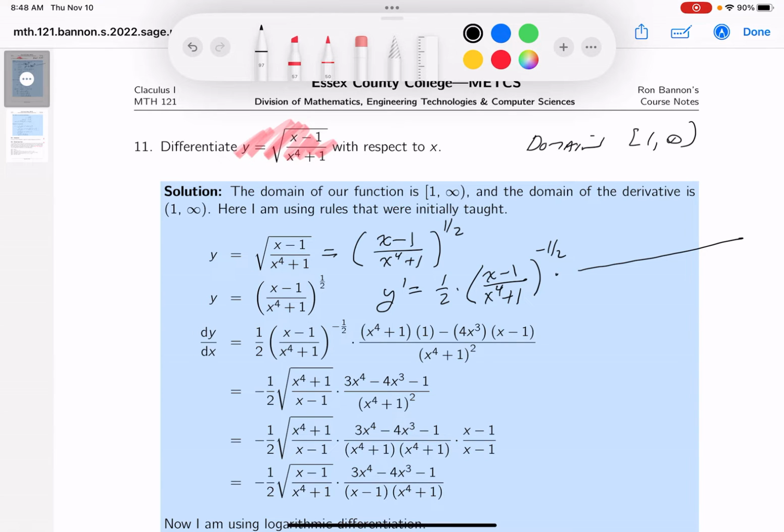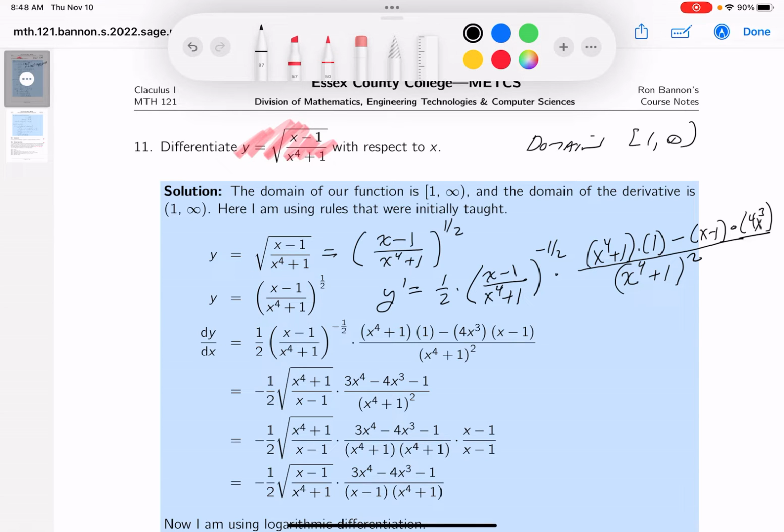Well, I'm going to use the quotient rule now. That's going to be (x^4 plus 1) squared. Bring the bottom to the top. That's x^4 plus 1 times the derivative of the top, which is 1, minus the top, x minus 1, times the derivative of the bottom, which is 4x cubed.